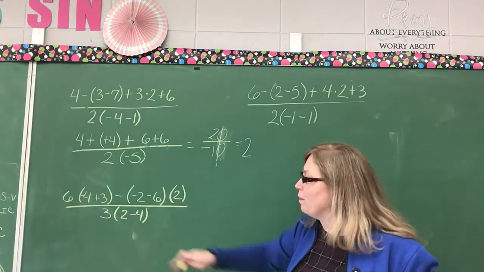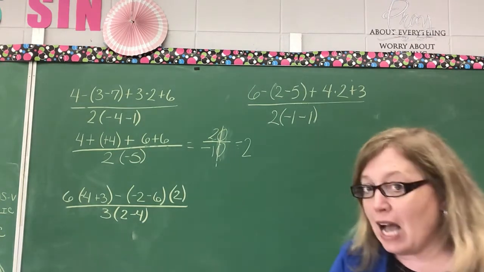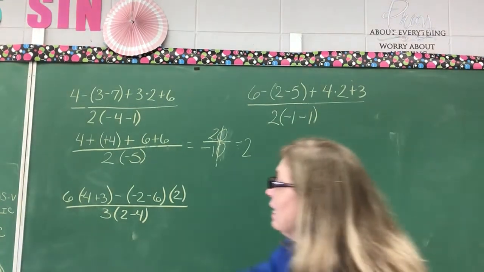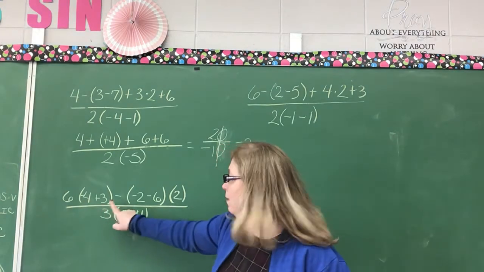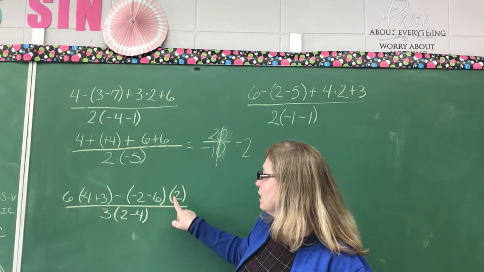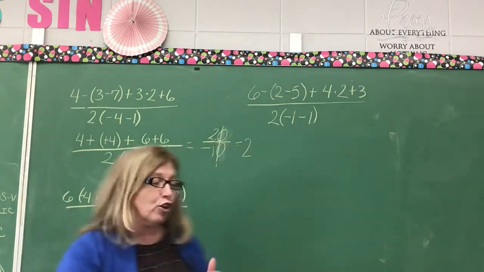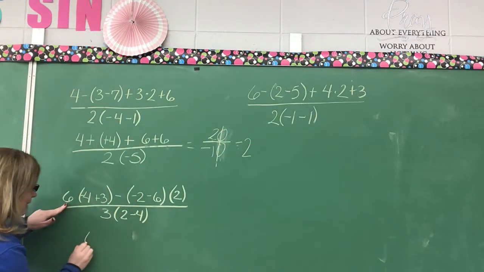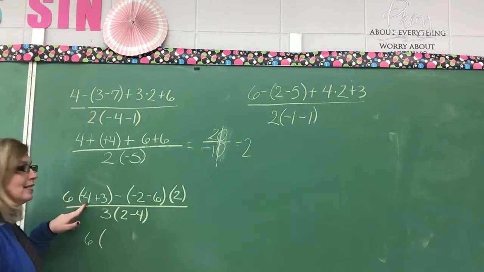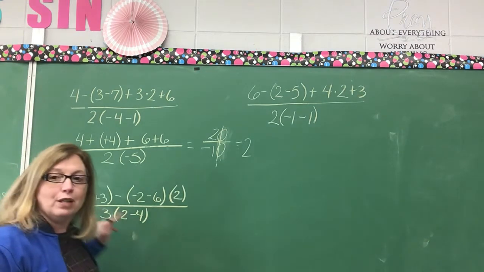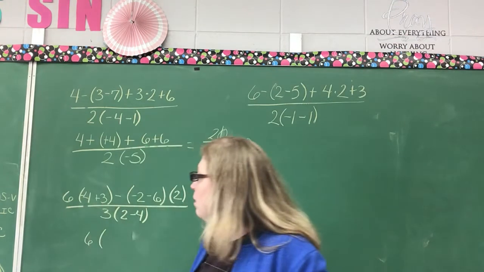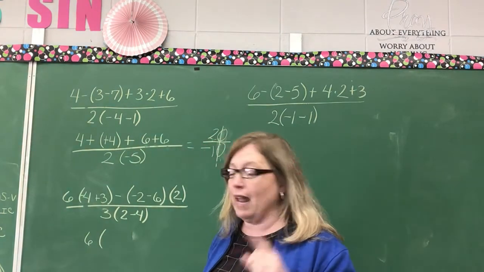Okay, let's look at this one. We have 6 times (negative 4 plus 3) minus (negative 2 minus 6) times 2. Again, stick with what's inside the parentheses first. So the 6 we bring down, our parentheses, and say negative 4 plus positive 3 is negative 1.